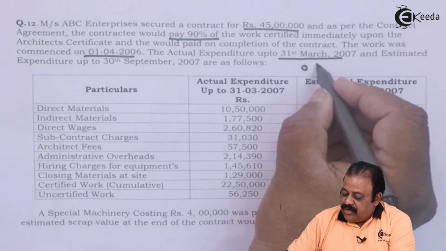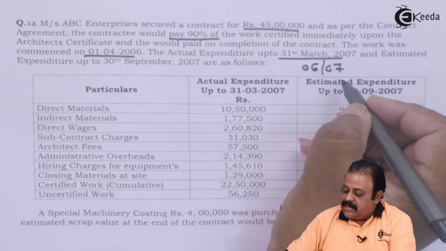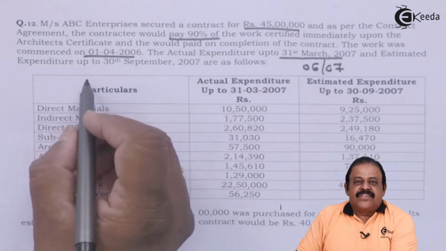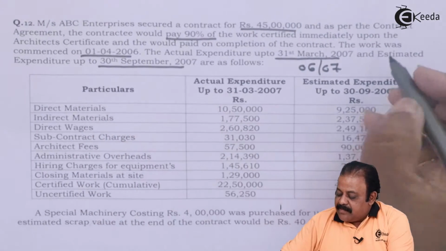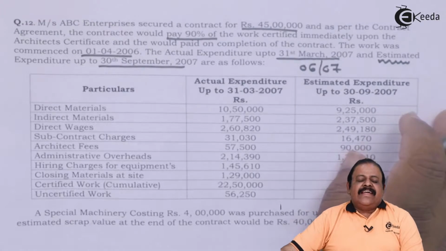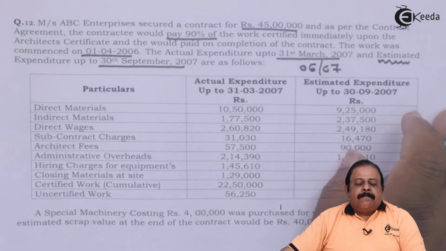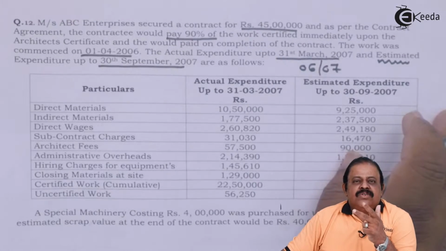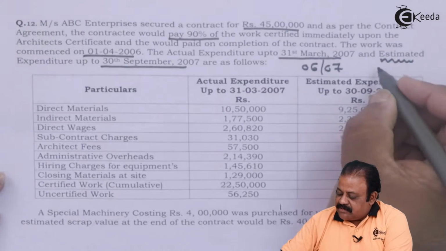That means we have full details of 12 months, 2006-2007, and estimated expenditure up to 30th September 2007. Estimated expenditure means future, expected expenditure for the next period. So that will start from 1st of April: April, May, June, July, August, September. It is a period of 6 months.